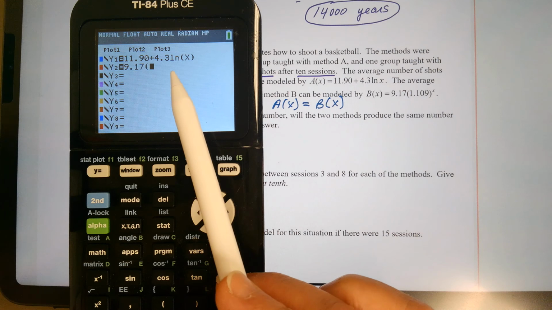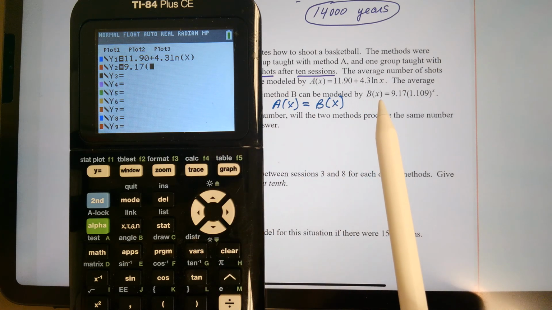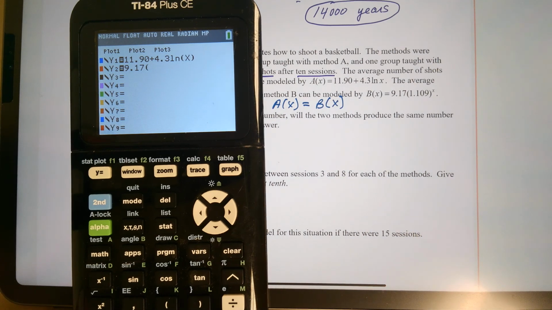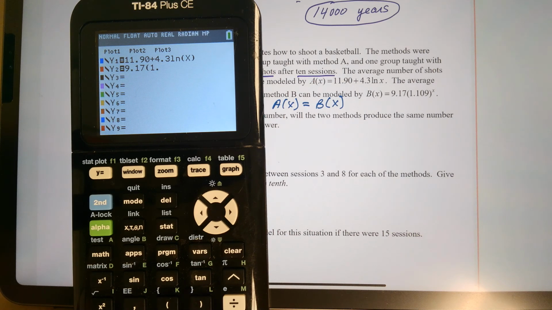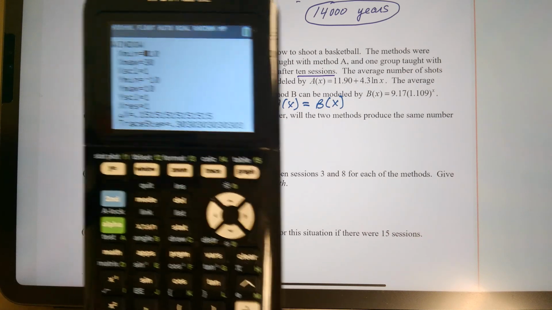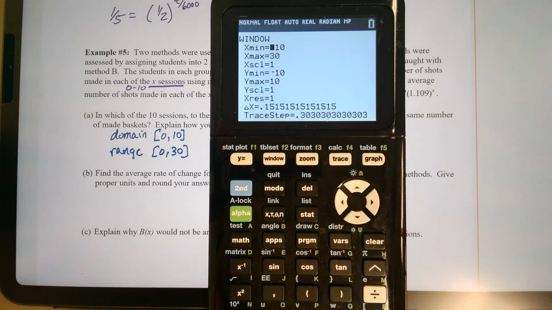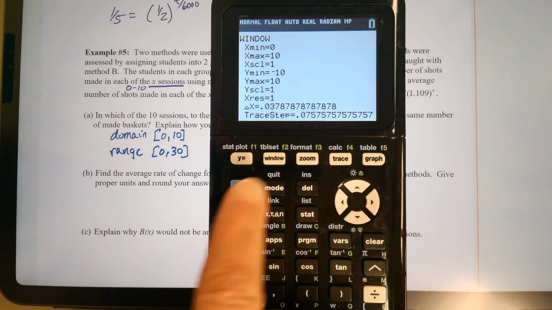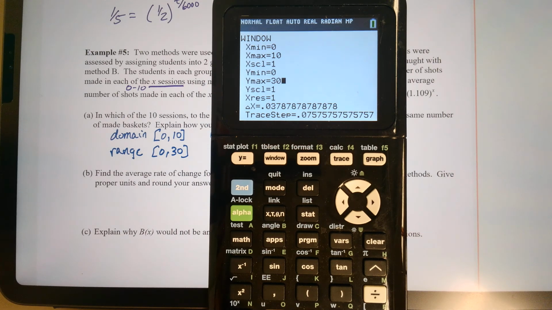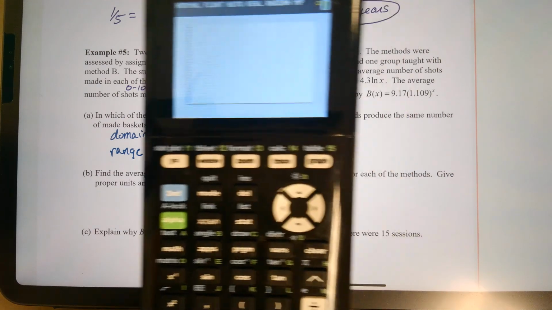So keying in A of x in y sub 1, and now B of x in y sub 2. Adjust the window. Our domain is from 0 to 10, and our range is from 0 to 30. Look at the graph.